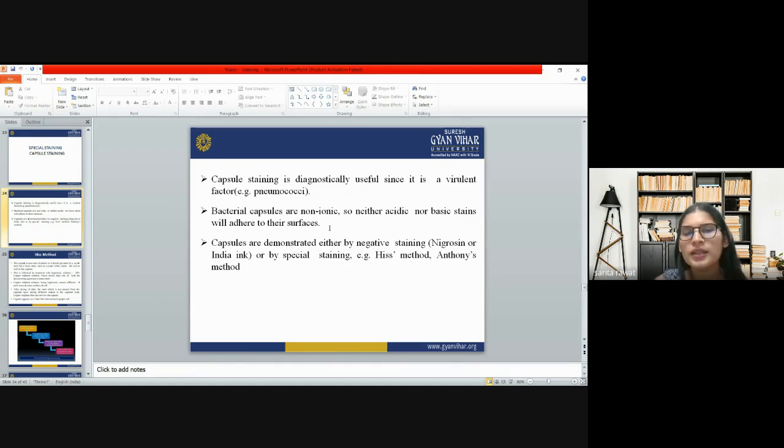For bacteria having a non-ionic surface, we use capsule staining to identify them. Capsules are demonstrated either by negative staining, with nigrosin or Indian ink, or by special staining, Hiss's method and Anthony's method.